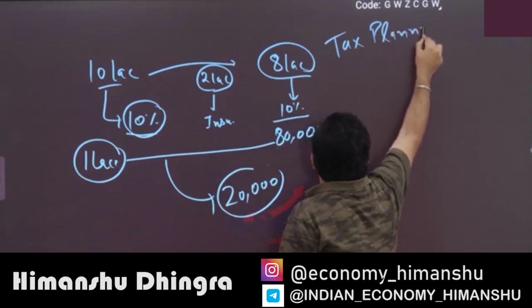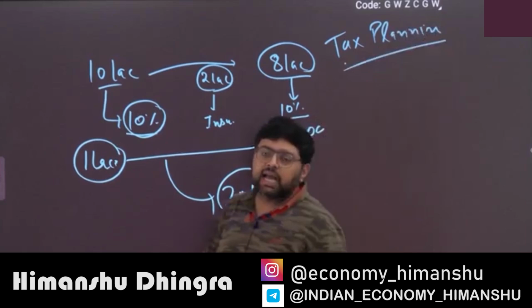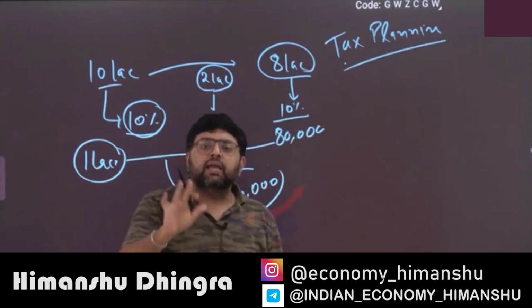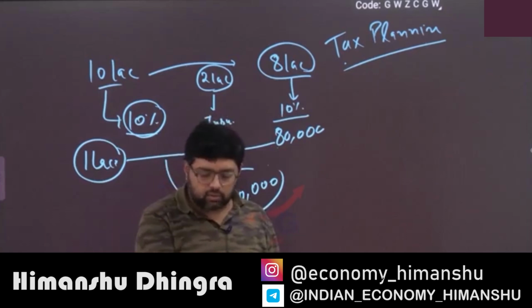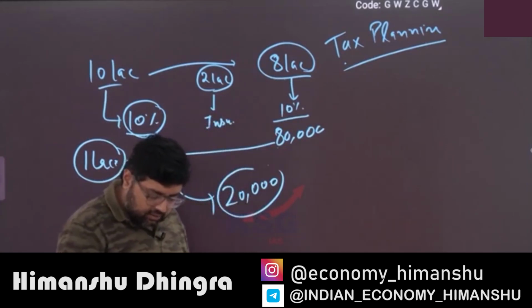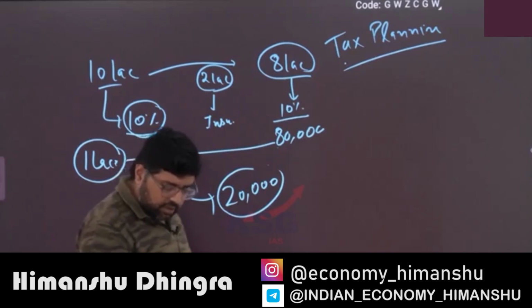This is a case of tax planning, or you can say tax avoidance. So you can say this is the legal way to pay less tax or avoid tax. Clear? Is it clear? Please tell me, everyone.